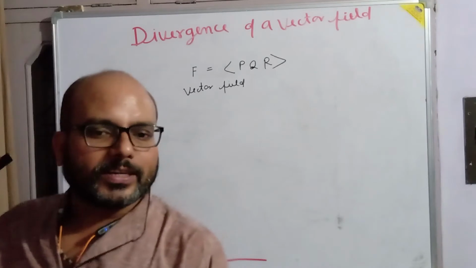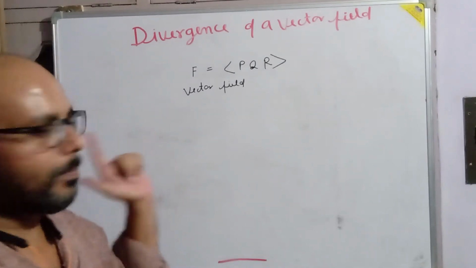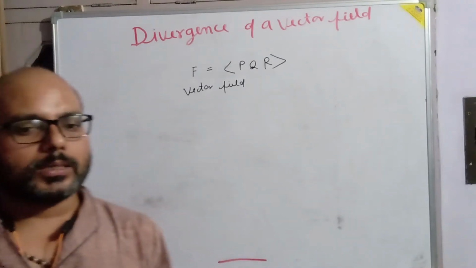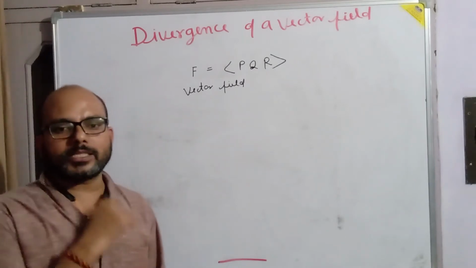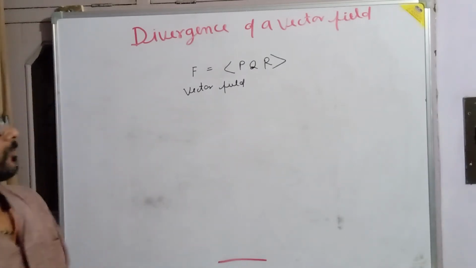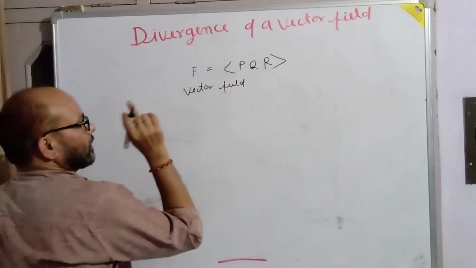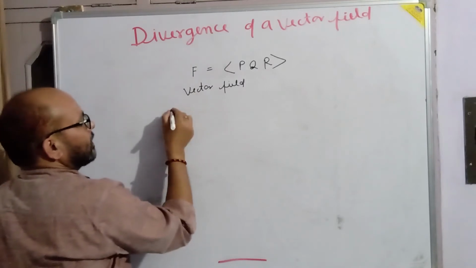The divergence of the vector field is defined as the partial derivative of P with respect to x, the partial derivative of Q with respect to y, and the partial derivative of R with respect to z.